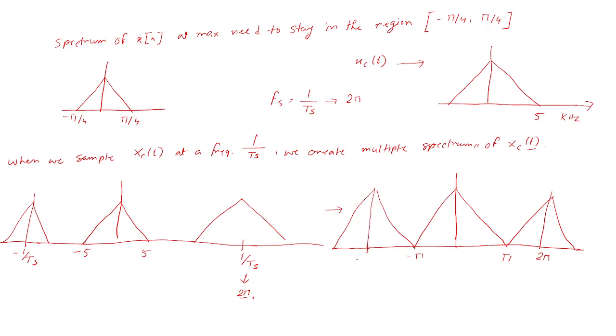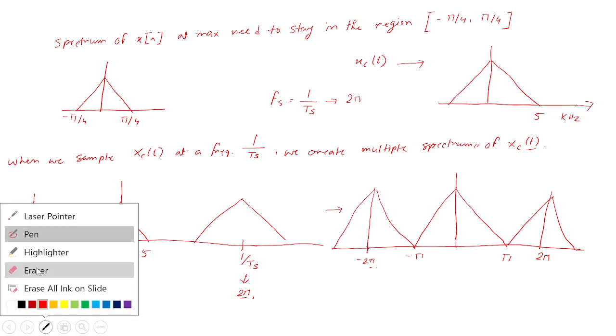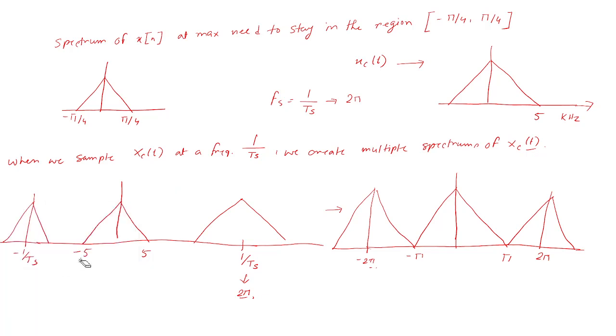Here it is minus 2 pi, something like that. So to avoid aliasing, I just need to do, okay, I think I made a mistake here, sorry about that. Need to correct it, really sorry.